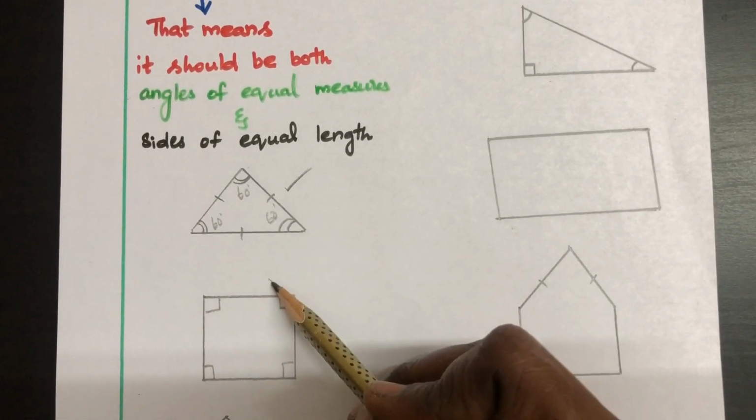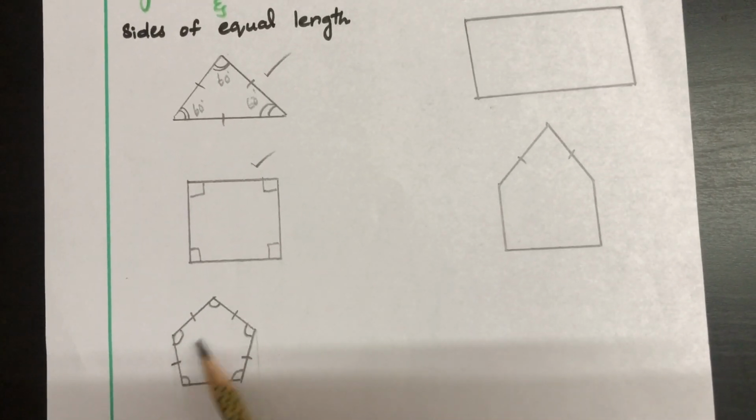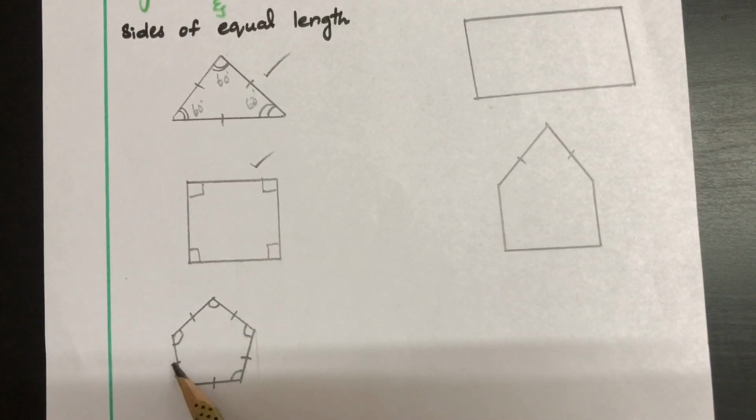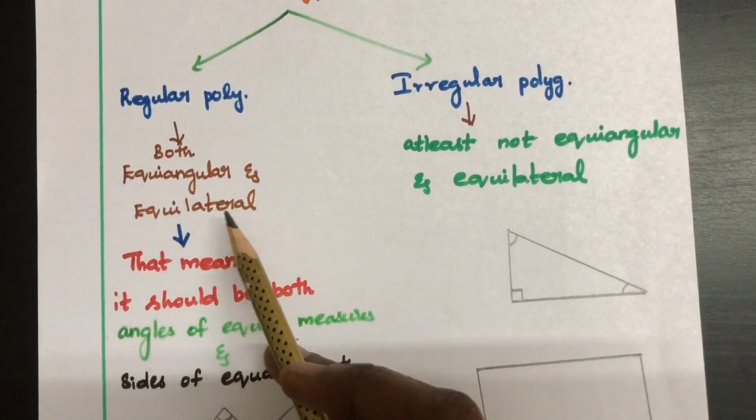So, this is a regular polygon, square. And this is a regular pentagon, 5 sides of equal length and angles formed inside this pentagon are equal. Then it is a regular polygon, pentagon. So regular means equiangular and equilateral.